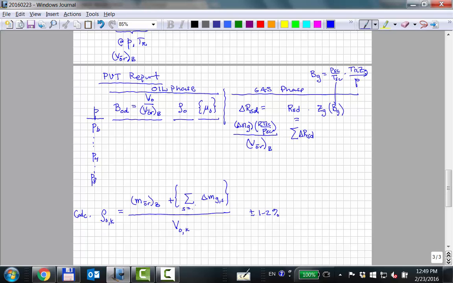If they measure compositions, they'll give those. And then finally, they might give the gas gravity, which is like the molecular weight, effectively, of the gas.